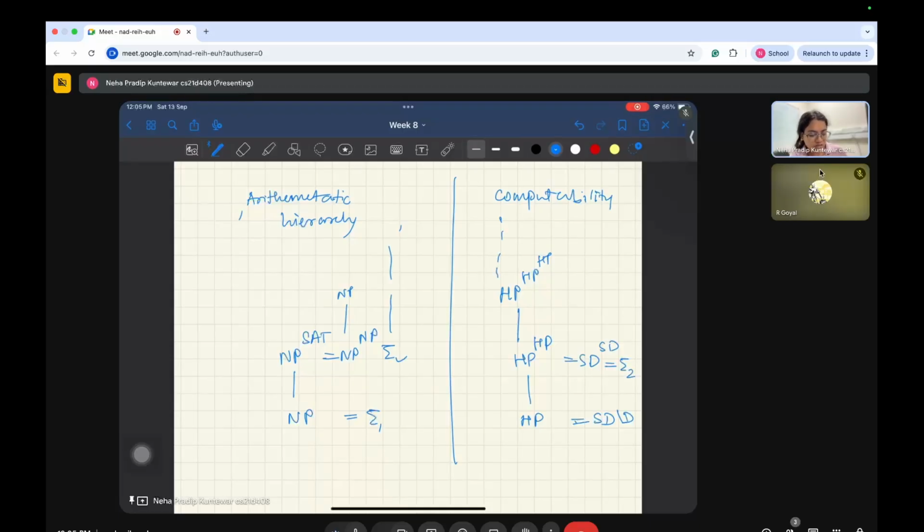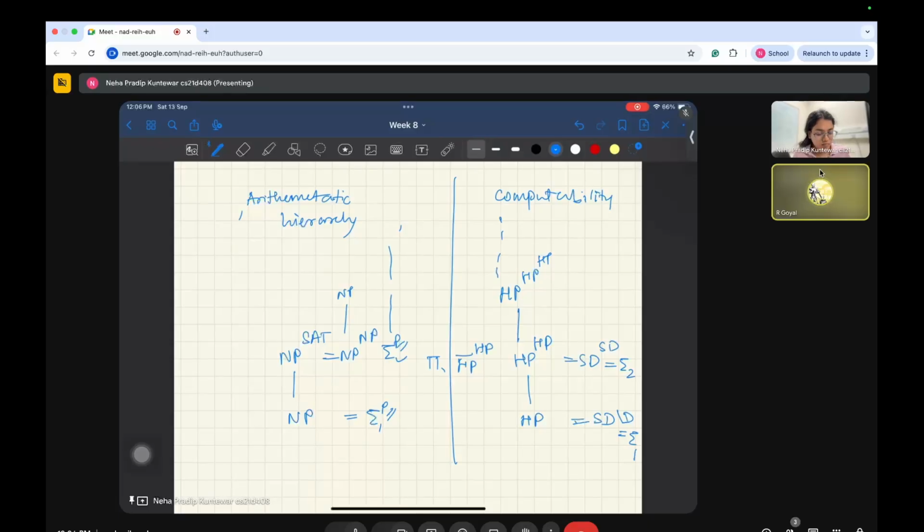This is polynomial hierarchy, where everything is done with respect to polynomial time. Here there's no time; we are just talking about whether it is computable, so there's no superscript here. And similar to the co-NP, we also have co-SD that will give us the pi's.